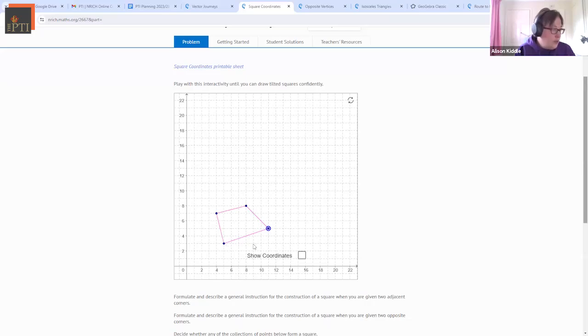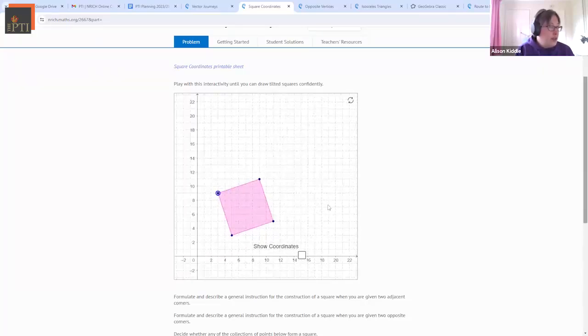So I can go 1, 2, 3, 4, 5, 6 across and 2 up. Now if I go back by 2 and up by 6, then I'm going to be able to draw a square with it. This is more for people who've never done any work in this ballpark to start off with.